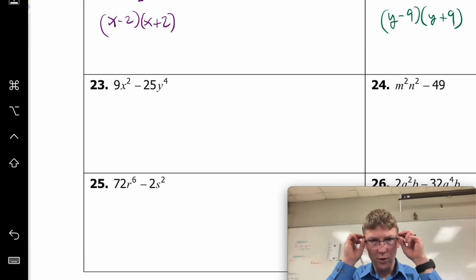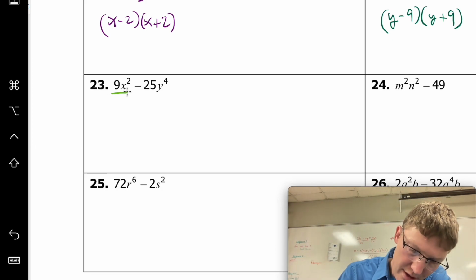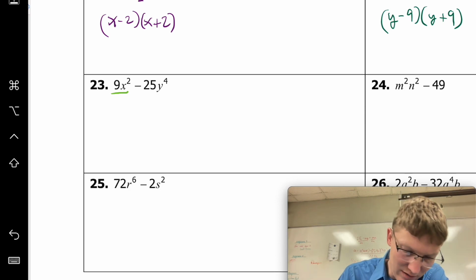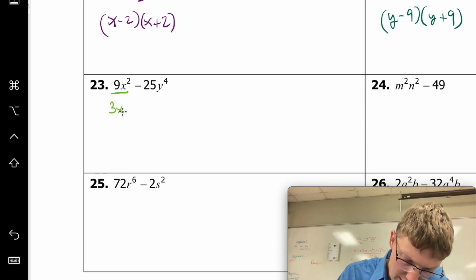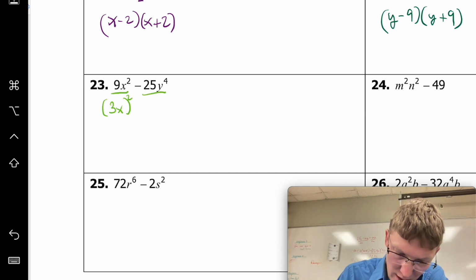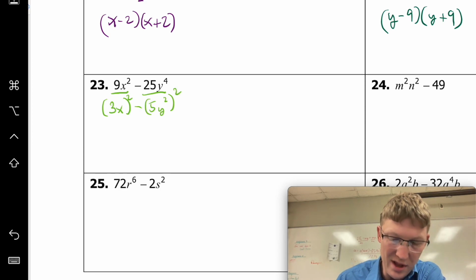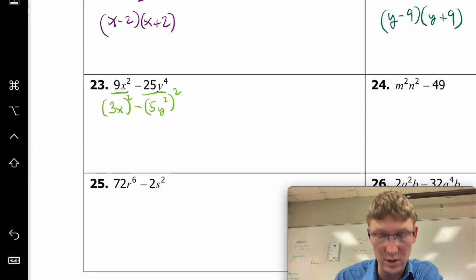The same is true when you have variables. It doesn't change the pattern. It just changes what you end up writing down. So this right here is the same as saying 3x squared. And this is the same as saying 5y quantity squared. So it is still a difference of squares. It's just going to look a little bit more complicated.